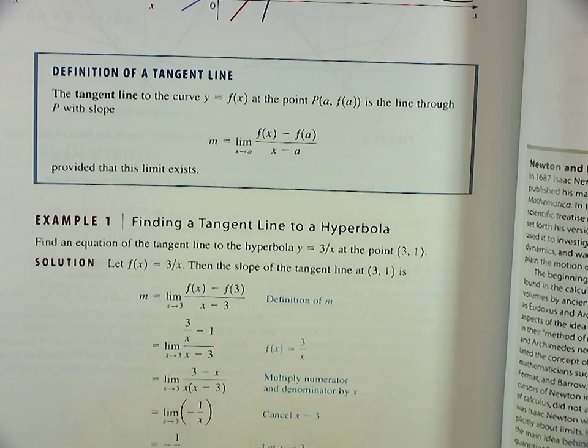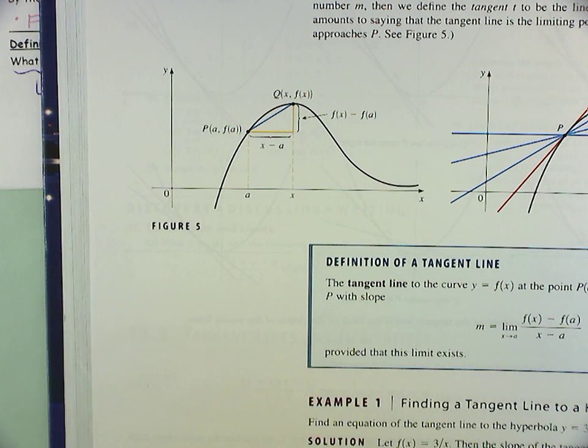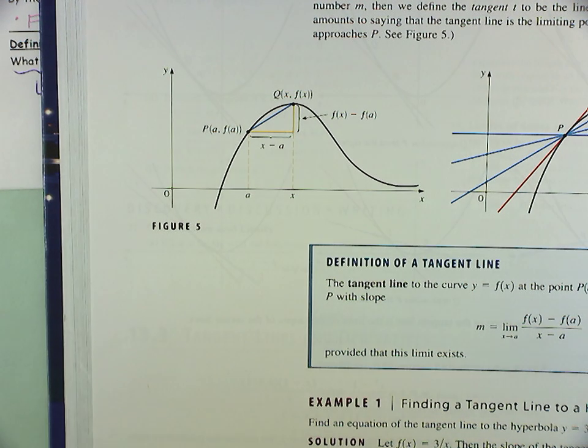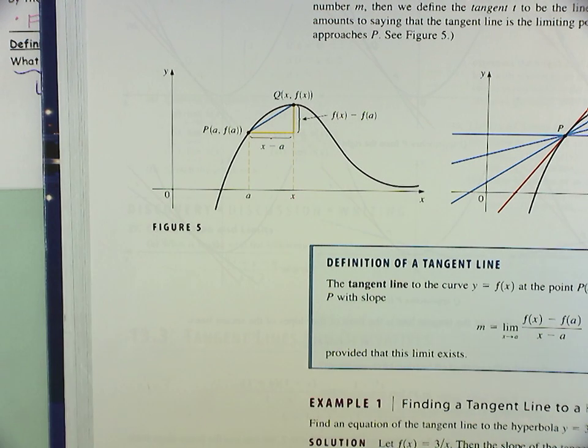Okay, so the picture that I'm going to have you draw is this one here, okay? So we're going to be finding the tangent line at a point, and that's going to stem from this picture with our slope, okay?